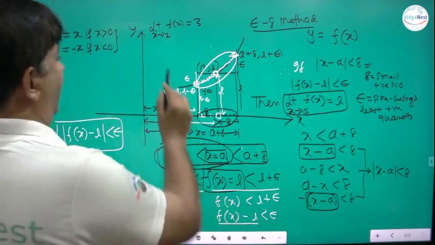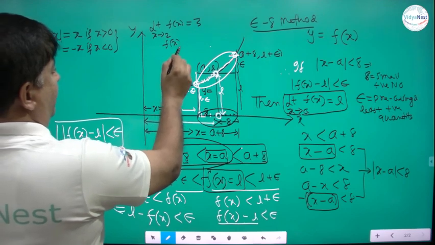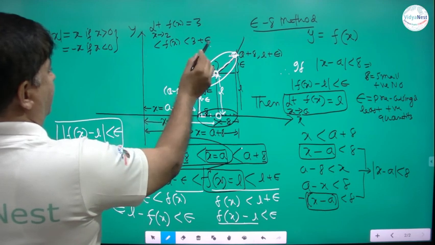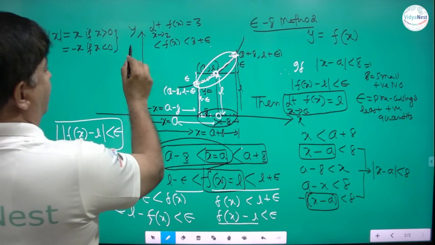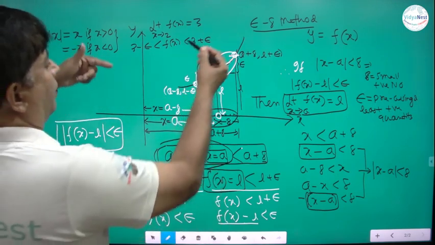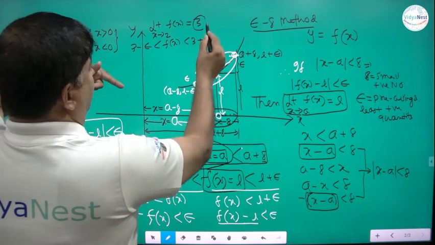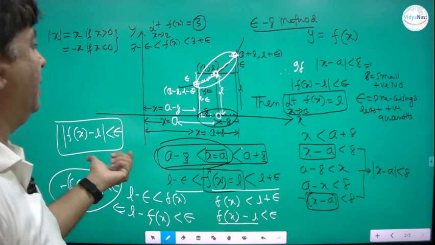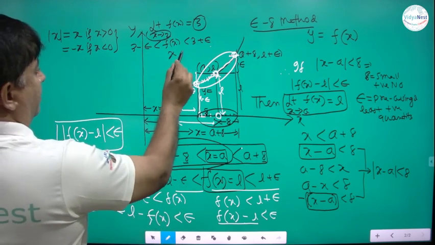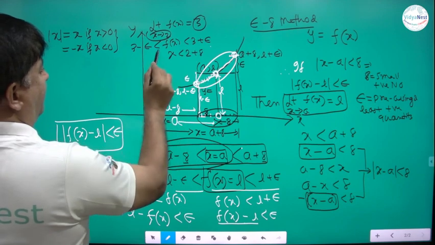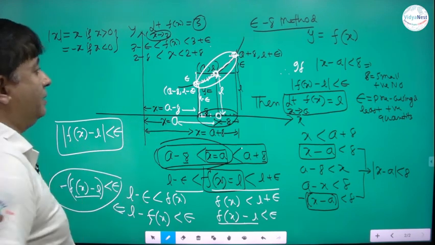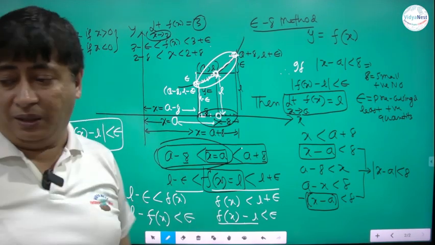No, f(x) was slightly greater than 3 and slightly lesser than 3 and slightly greater than 3. From both sides, they are approaching which value? 3. That's why 3 is the limiting value, where x is slightly lesser than 2 plus delta, 2 minus delta. Understand? This is the formation of the limit.